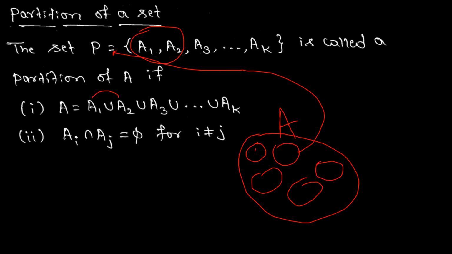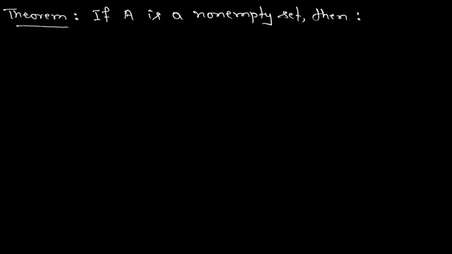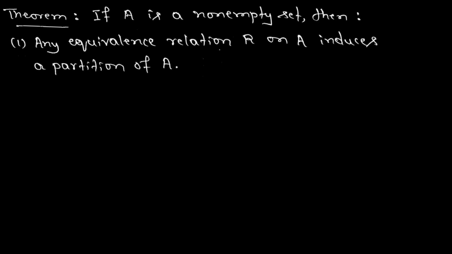These are all nothing but A1, A2 and so on. Let us see one more theorem on this. If A is a non-empty set, then any equivalence relation R on A induces a partition.